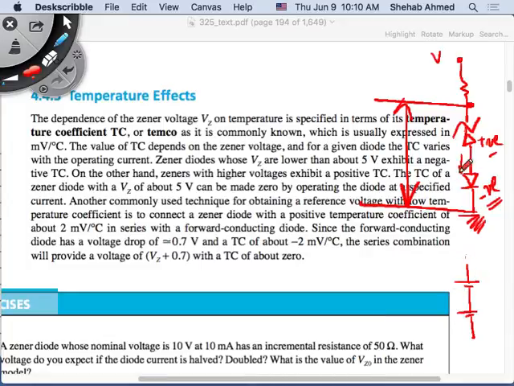So the model of these two together, when current is flowing, looks like two voltage sources in series. This is going to be 0.7, and this is going to be whatever Zener voltage you have, 6.8, because one is operating in forward mode and one is operating in reverse mode. The voltage is opposite the other one. Okay?